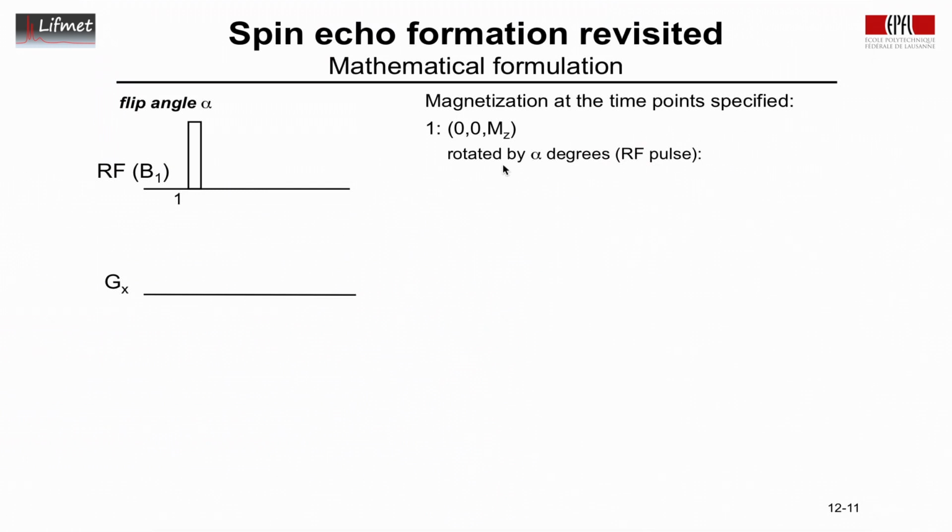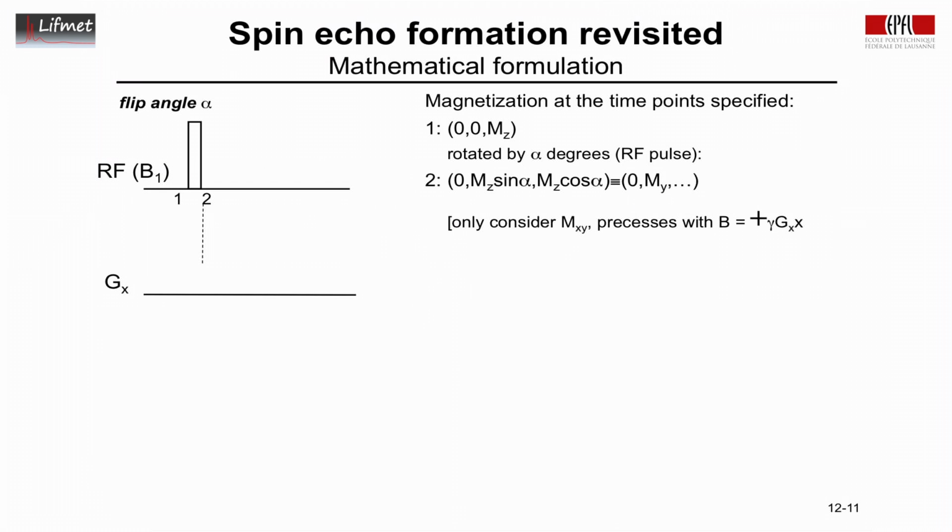Then we rotate it by alpha degrees. So at time point 2, the magnetization is mz sine alpha and mz cosine alpha. And now we'll just consider the transverse components, so 0 and my. We just have my magnetization because we're not concerned with the effect of the flip angle here.